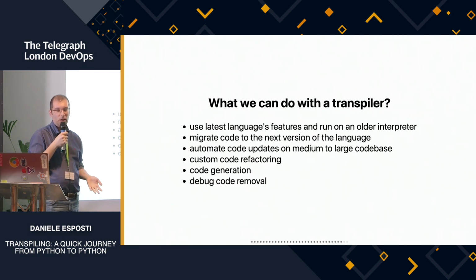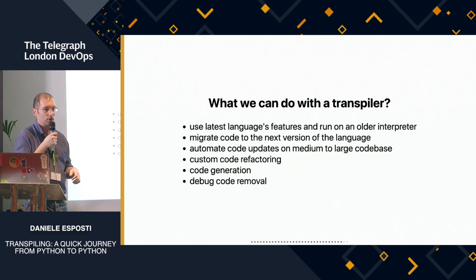You can also automate code updates on medium and large code bases. An example: you're using a very nice library. This library has a new major version.